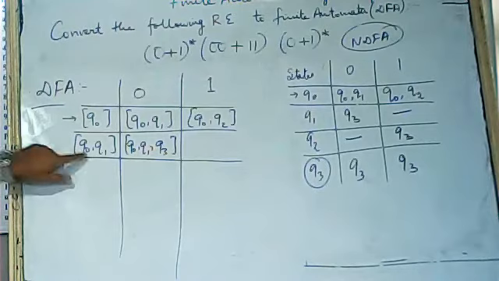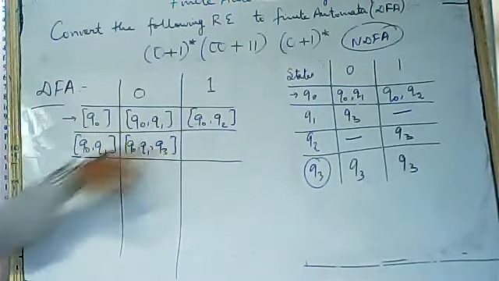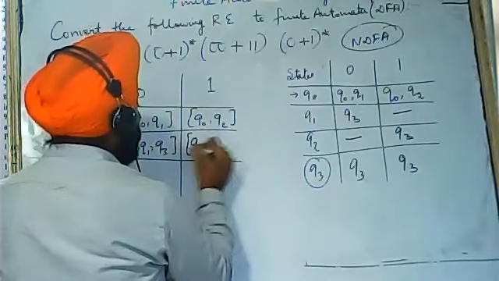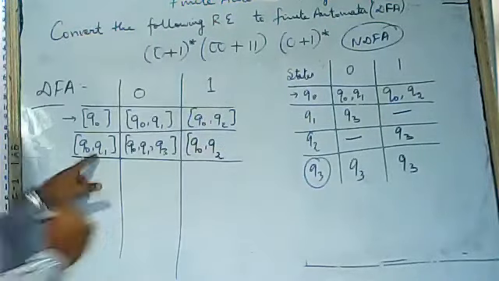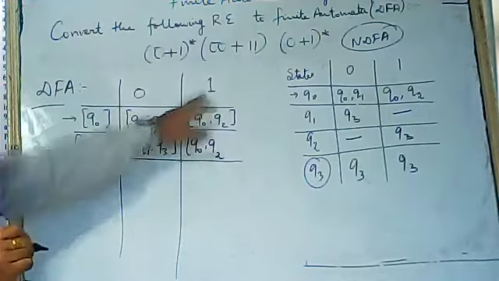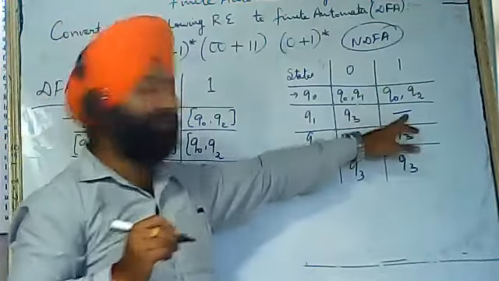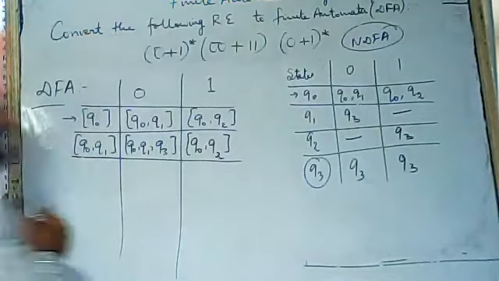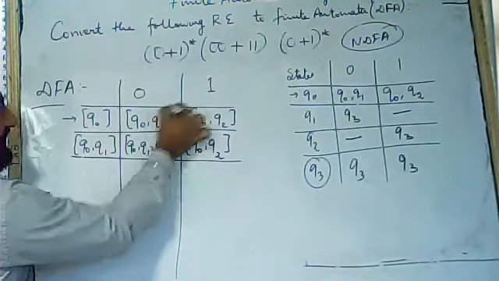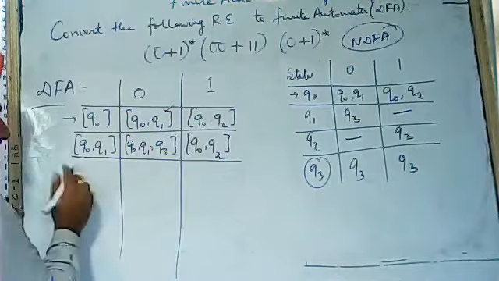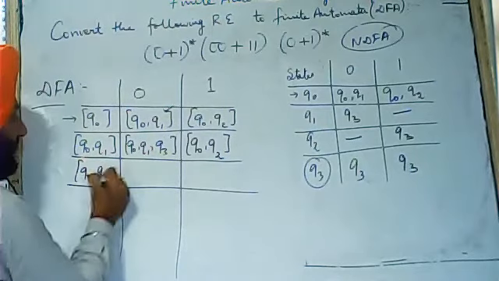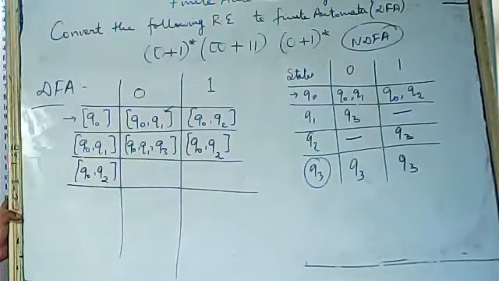Next, q0 upon the processing of 1 is going to q0, q2, and q1 upon the processing of 1 is going to nowhere. So this thing is complete. Now it will be written: q0, q2.